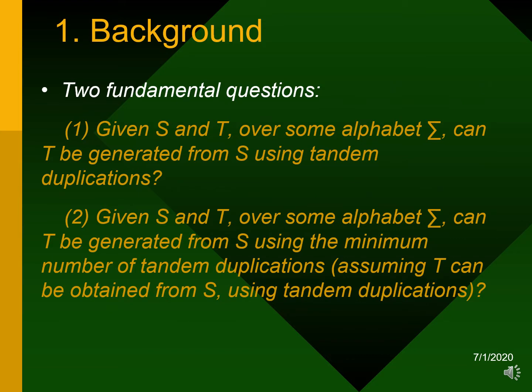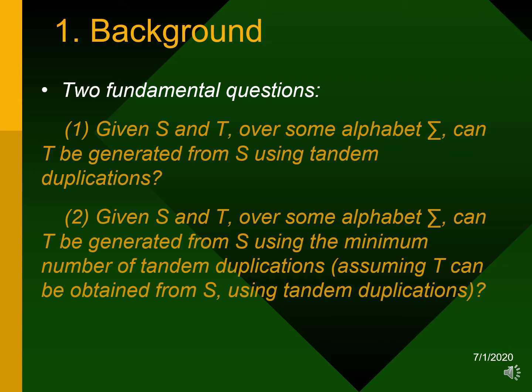Related to tandem duplication, we have two fundamental questions. The first is what I call the decision problem. Basically, I give you S and T. S is a source, T is a target, over some alphabet sigma. The question is, can T be obtained from S using tandem duplications?